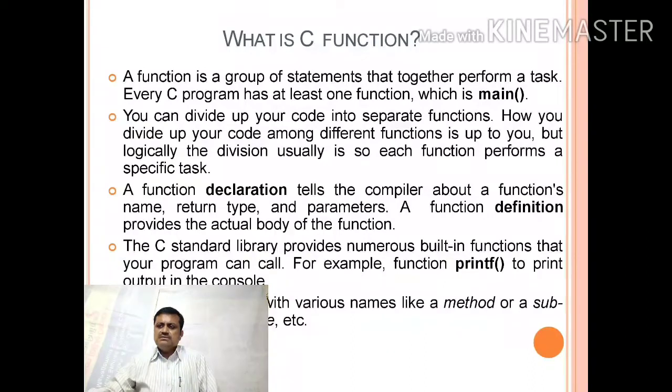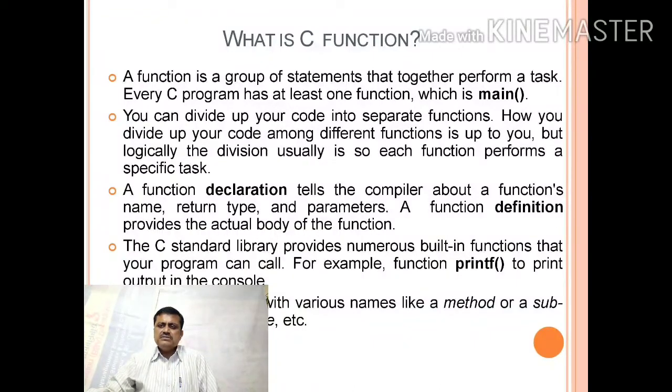Your 100 lines of program, you can divide, and you can create different user defined functions. So function declaration tells the compiler about a function's name, return type and parameters.